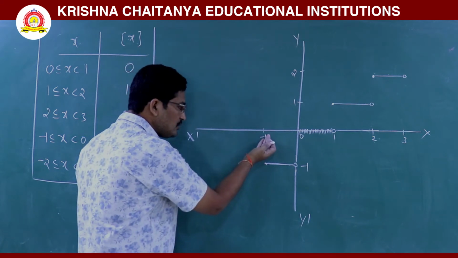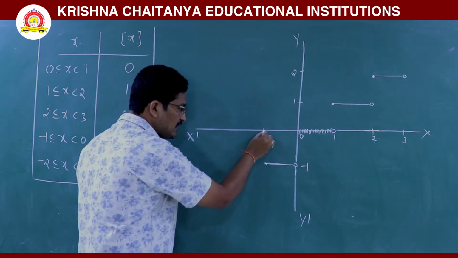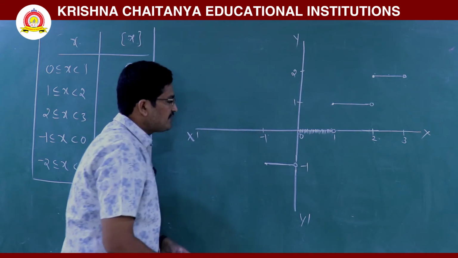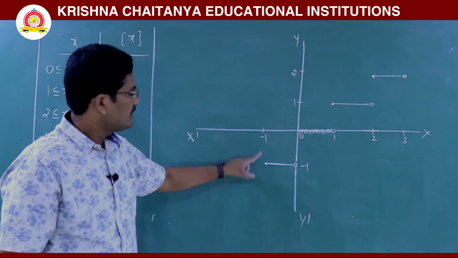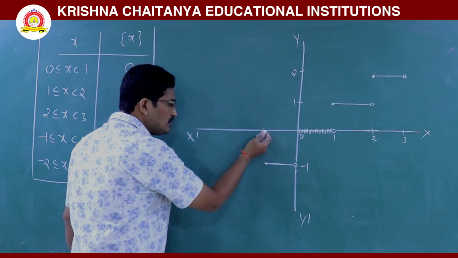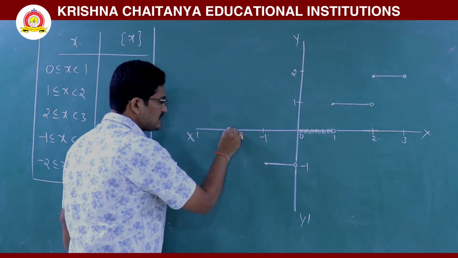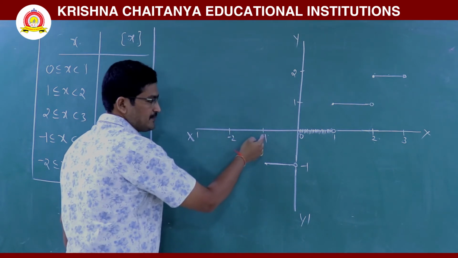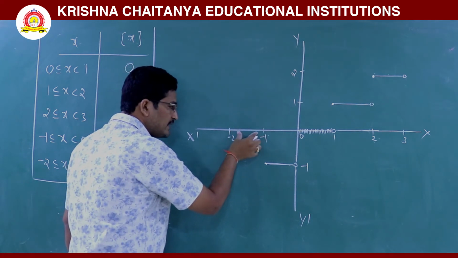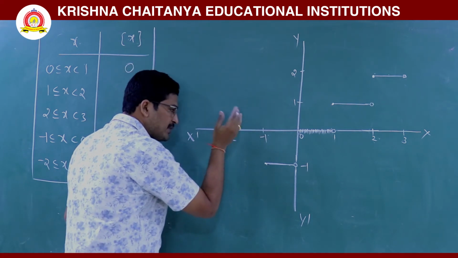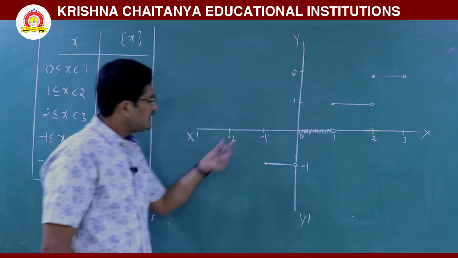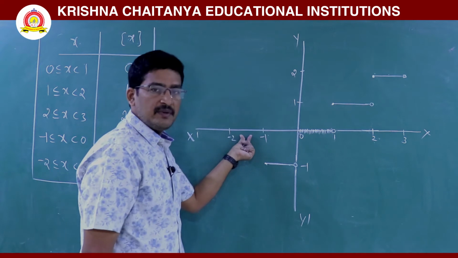Suppose the value comes to here, -1 point something, which lies between -2 to -1. If the value lies between -2 to -1, the step of that value is not equal to -1 there.